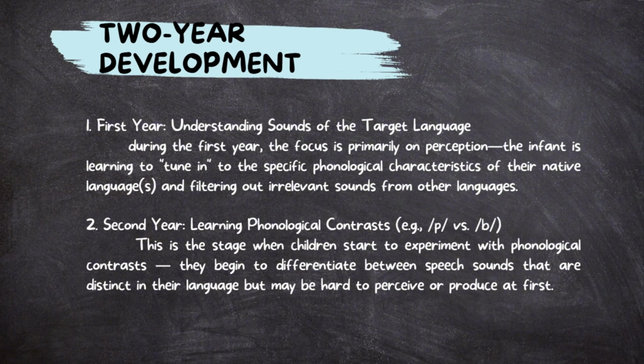So overall, during the first year, the focus is primarily on perception. The infant is learning to tune in to the specific phonological characteristics of their native language, and they will filter out irrelevant sounds from other languages.